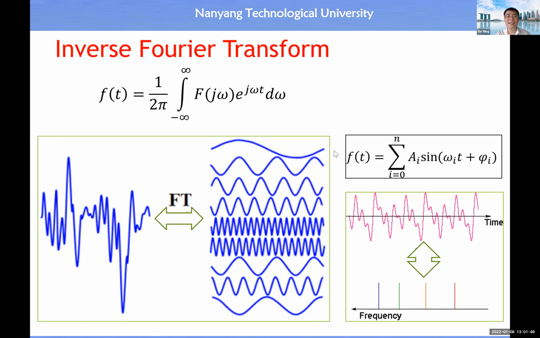Because this is applicable to the case where we have a continuous function of omega in the frequency domain, then we must do integration. If this is a discrete function in the frequency domain, then just use this one to determine the time domain function. All right, so it's quite straightforward.